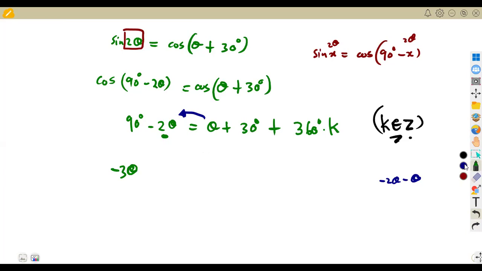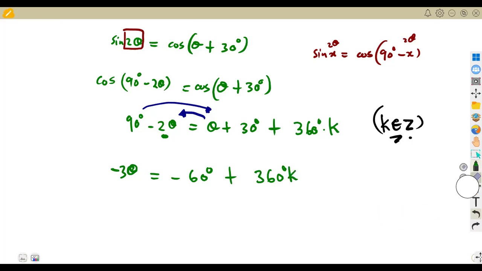All right, we can transpose the 90 degrees to where the other angle is, the angle of 30 degrees. So it will be negative 30 degrees minus 90 degrees, which is negative 60 degrees. So this will be equal to negative 60 degrees plus 360 degrees k. There's nothing that you're going to do on this one. So how do we find theta now?